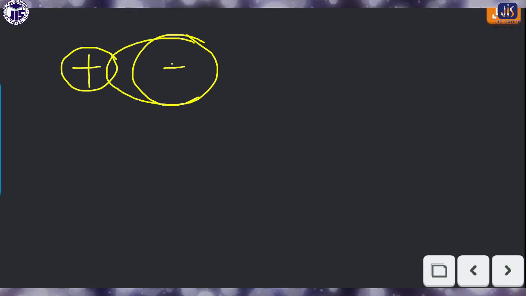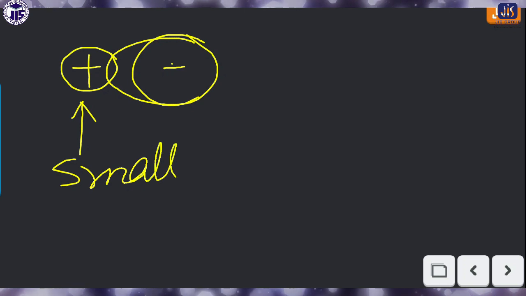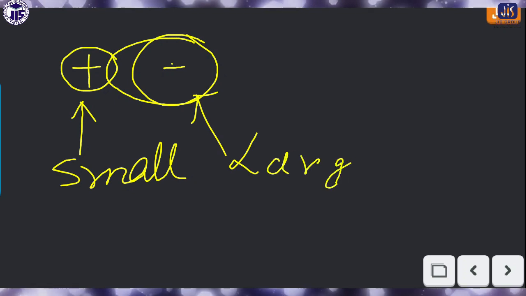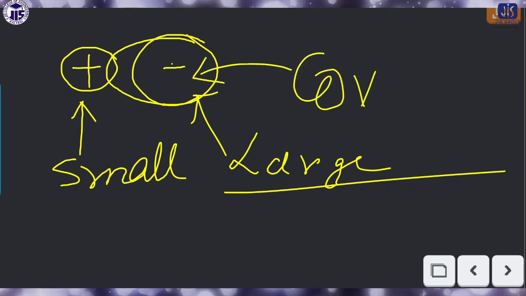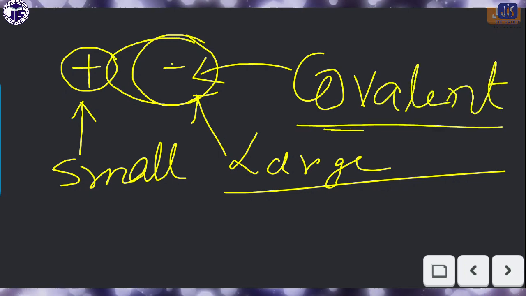So if the size of the cation is very small, and the size of the anion is large, then we can tell that the percentage of the covalent character will be higher. This is the point by which we can understand whether there will be higher covalent character or not.